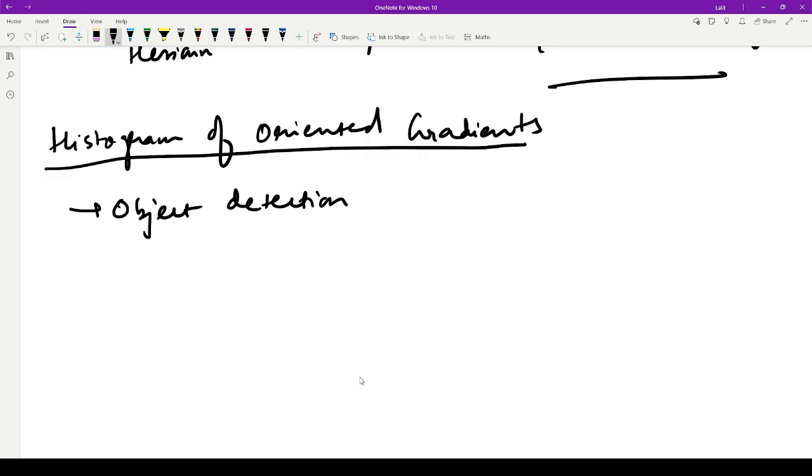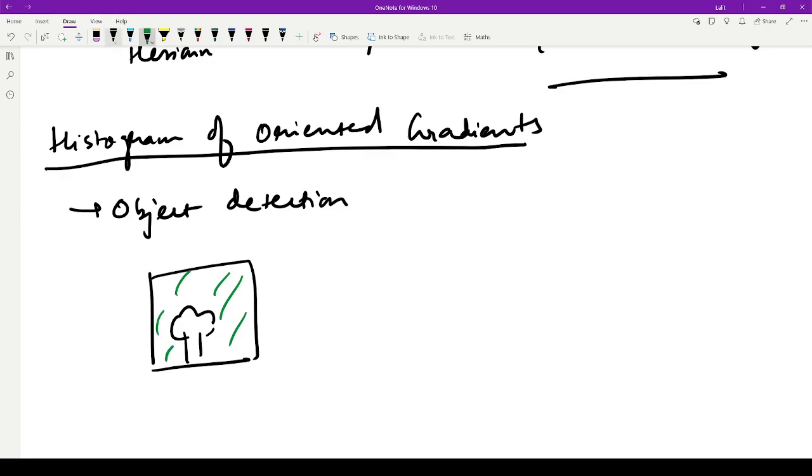So you want to describe an object. Ultimately, to detect an object, you want to see whether the object exists or not. The object might be present in a small part of the image. For instance, this is an object, but the other parts of the image are empty.